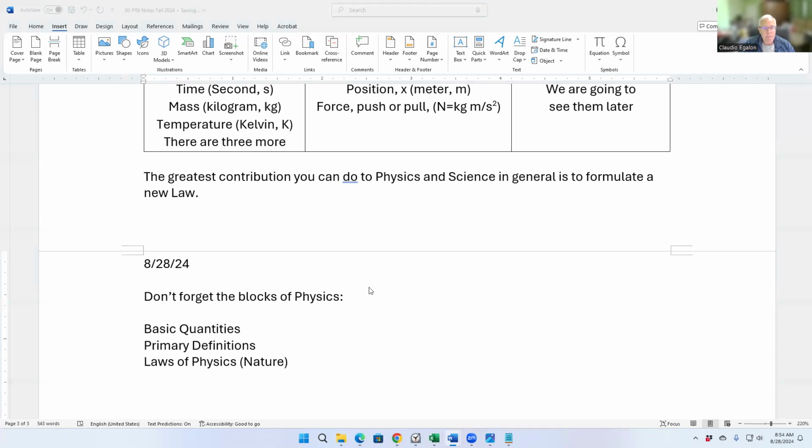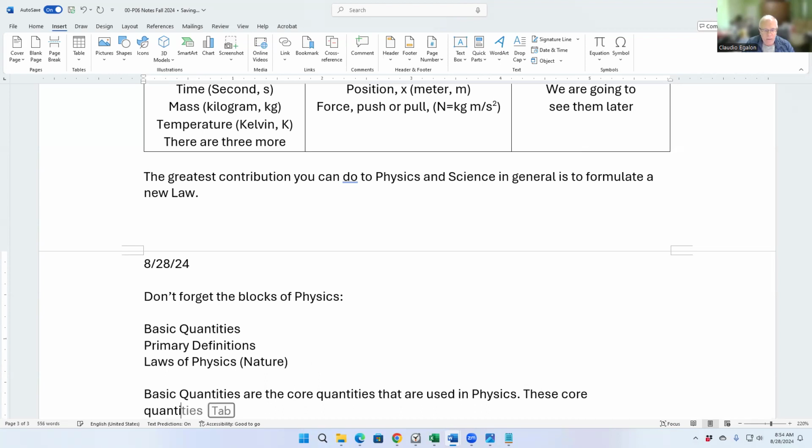Like I said, the basic quantities are the core quantities that are used in physics.